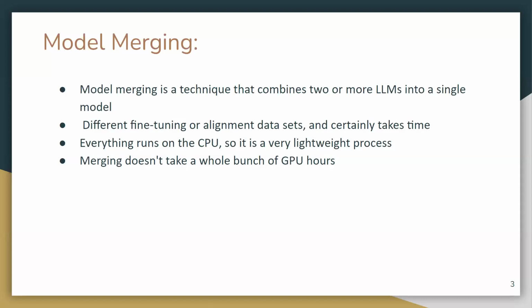So instead of trying to fine tune a single model on different datasets and trying to teach it different things, can I do this from existing models? That's really what model merging is about. We are going to try and identify good models that know things we are interested in, and merge them into a single one, hoping that the merged model retains all the goodness present in the source models.